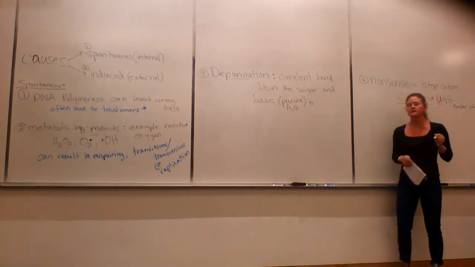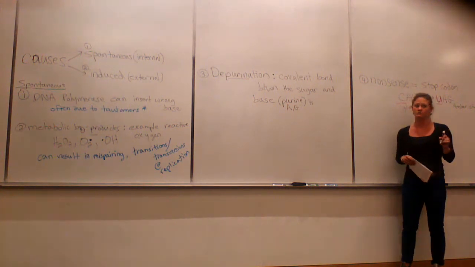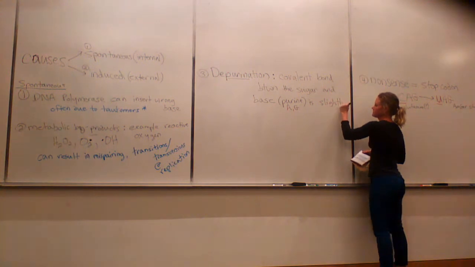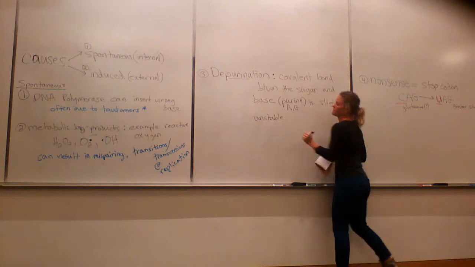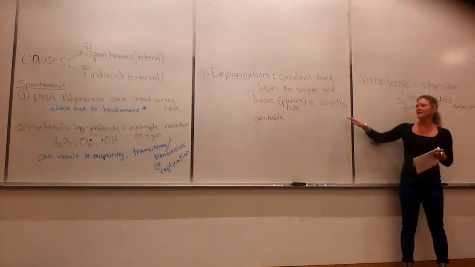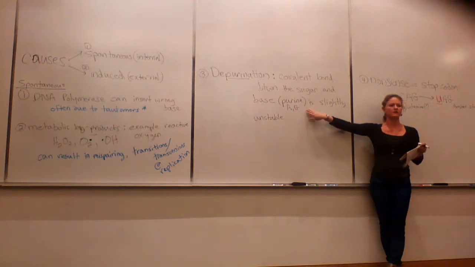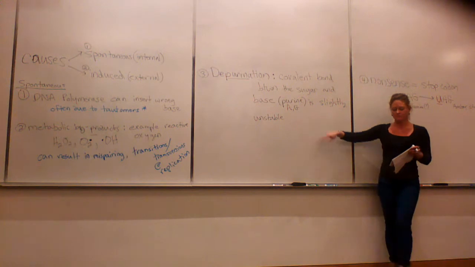The reason it is broken is that this particular bond is somewhat unstable. You guys don't need to be experts in the biochemistry behind this, certainly not for Bio 311, but just know that between a purine versus a pyrimidine and the sugar, this bond is a little bit more unstable.